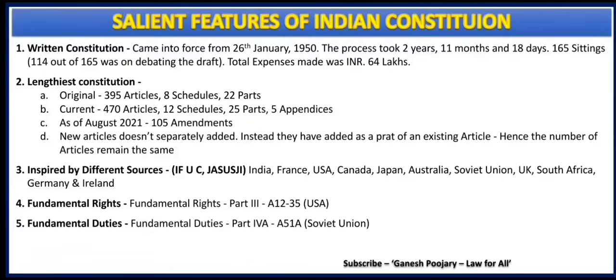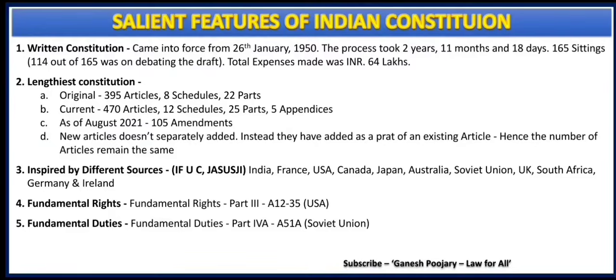The second important feature of Indian Constitution is that our constitution is the lengthiest constitution in this world. Our original constitution as on 26 January 1950 had 395 articles, 8 schedules and 22 parts. But as of now, that is 2021 August, we have as many as 470 articles, 12 schedules and 25 parts.